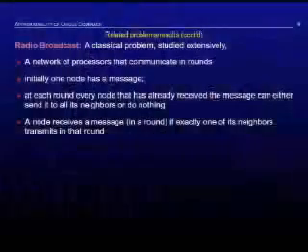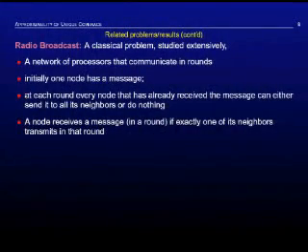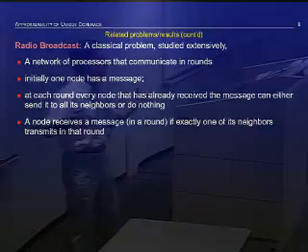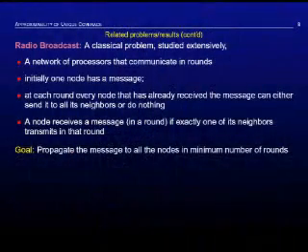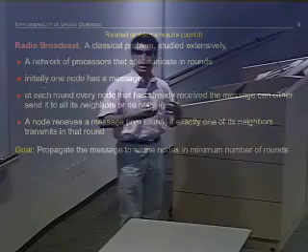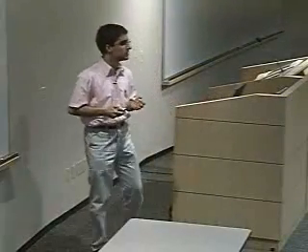A vertex receives a message exactly if one of its neighbors is transmitting. If several neighbors are sending, then because of signal interference, you don't get the message at all. The goal is to design a schedule of rounds so that the message is transmitted to all the nodes in the minimum number of rounds. This is called the radio broadcast schedule.